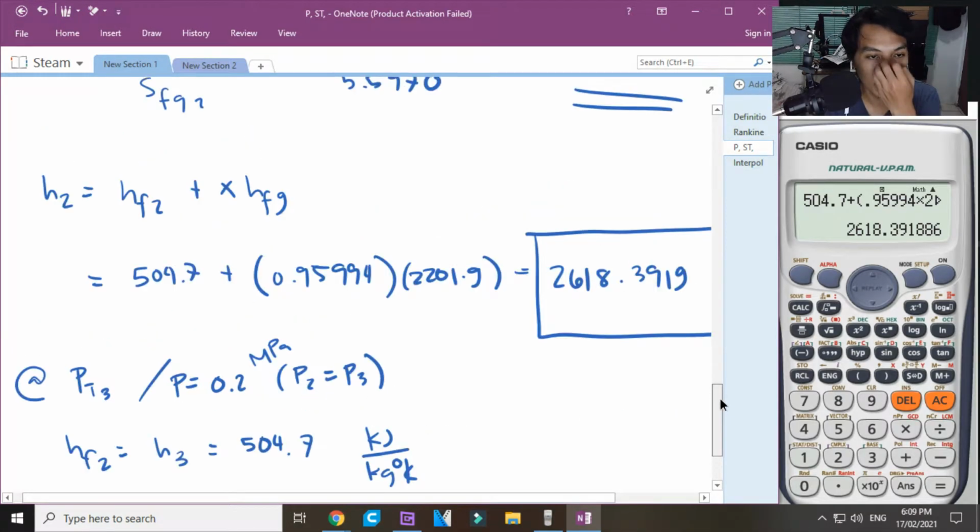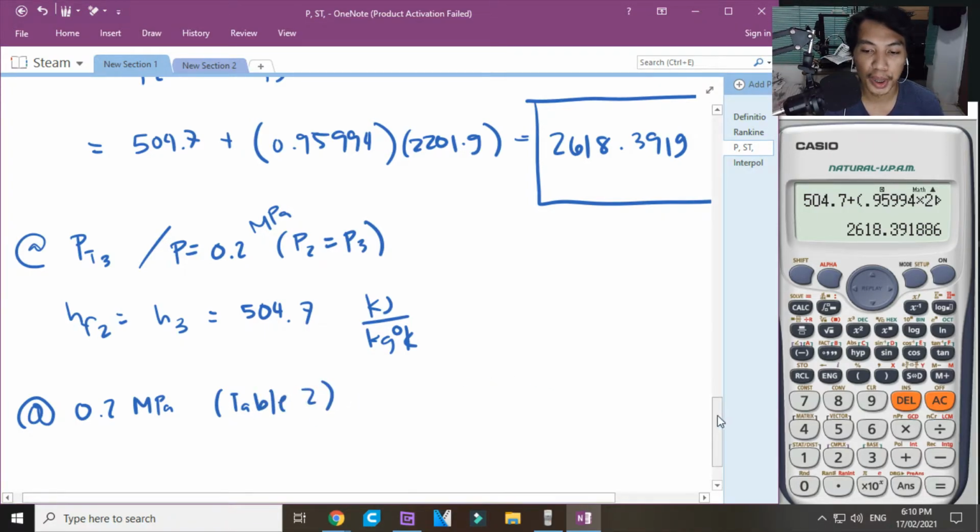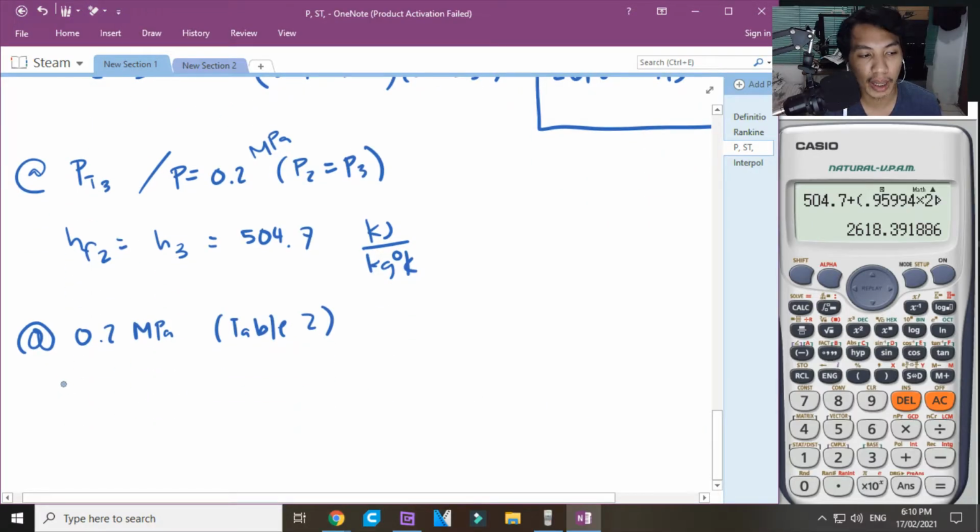Now, go back to 0.2 MPa at table 3. At table 3, saturation pressures, you will get yung value ni VF.